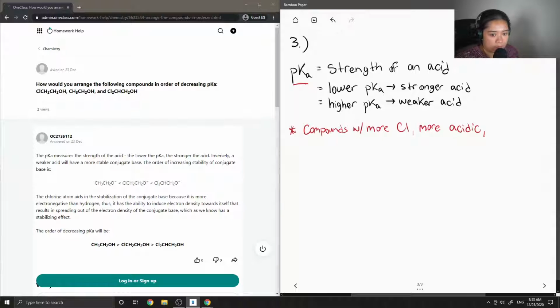And this is due to something called the inductive effect. So basically, since your chlorine is more electronegative, then your protons are donated easier.